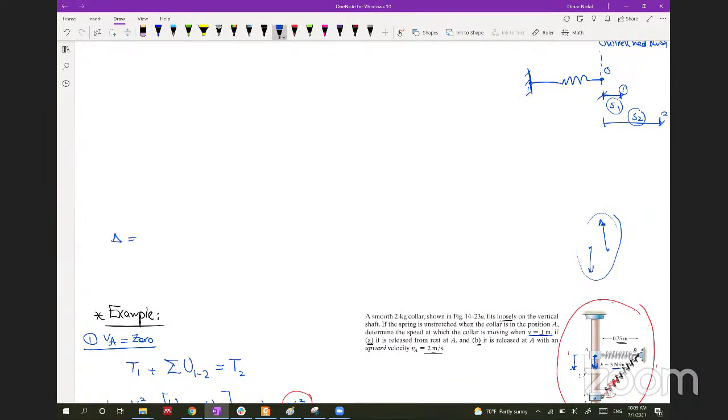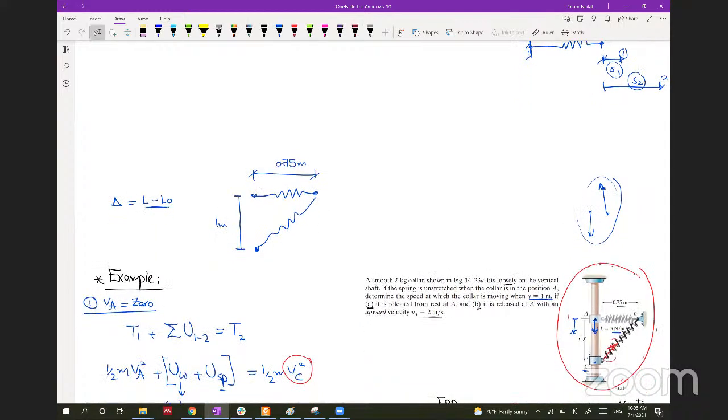So delta will be L minus L naught. L naught of the spring is 0.75 meter. And for the second position of the spring, when it came here, we know that y is equal to 1 meter, and this is 0.75.